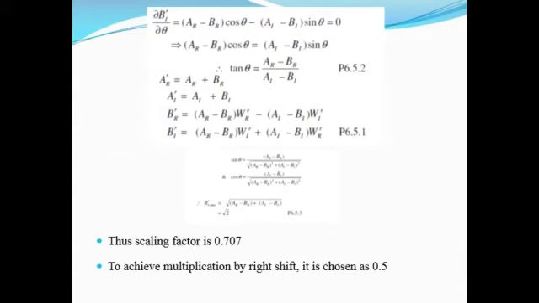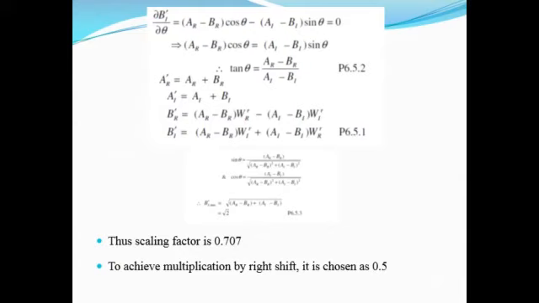If I just consider the other form of differentiation to be done, then the scaling factor is square root of 2. Instead of 1 plus square root of 2, it is just square root of 2, which is 1.414 actually, and 1 divided by 1.414 will give us 0.707.